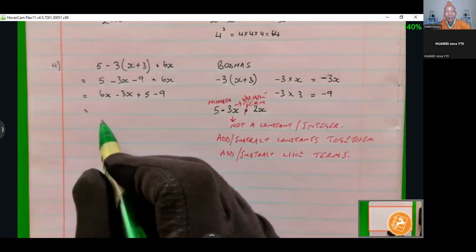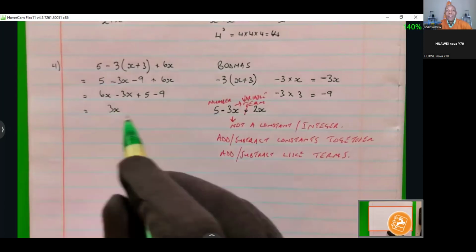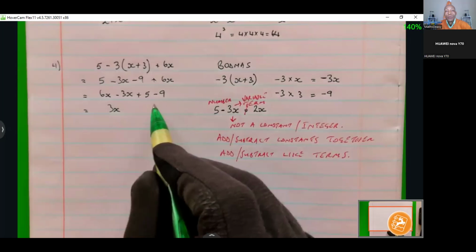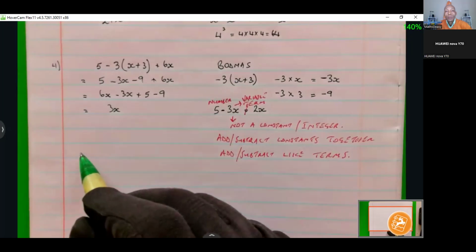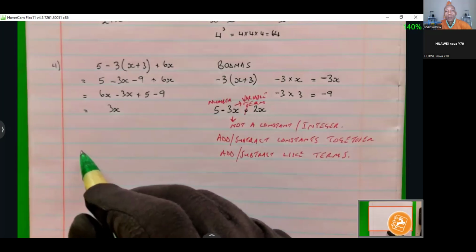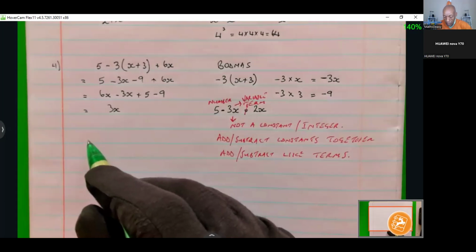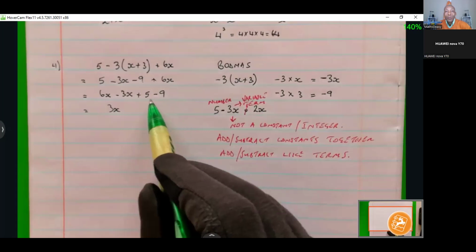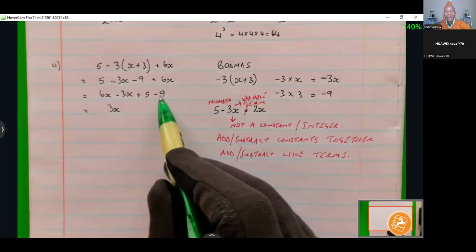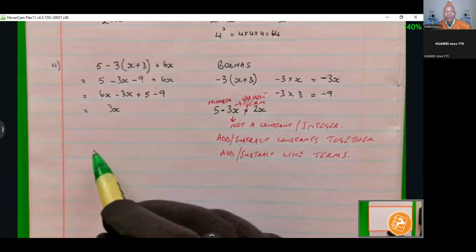It's going to give us positive 3x. And then these two? It's going to give us positive 14. Is that a negative? This is a negative. Okay, so it's going to be positive 14.